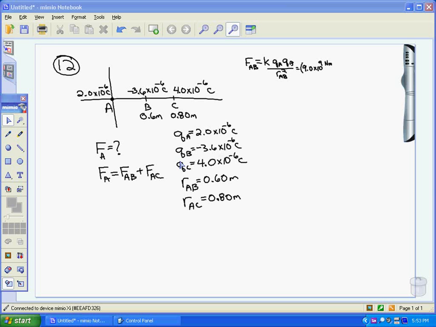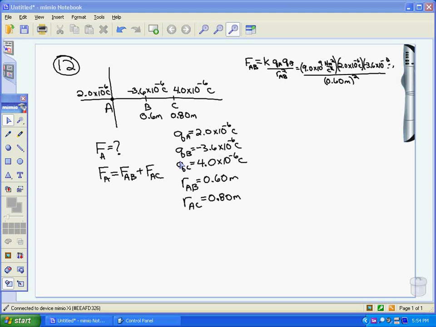So that's K times Q of A, which is 2.0 times 10 to the negative 6 coulombs, times Q of B, which is negative 3.6 times 10 to the negative 6 coulombs. And this whole thing's over the radius between them, 0.60 meters squared.